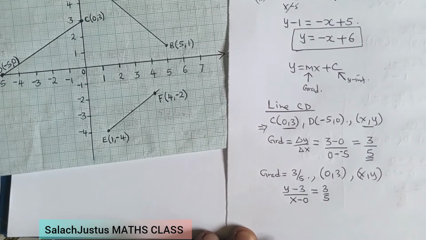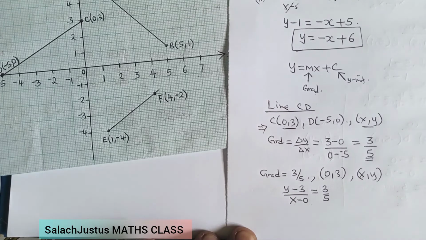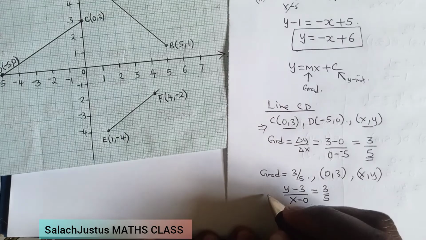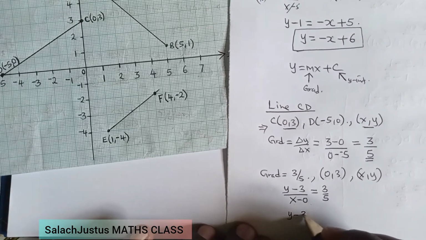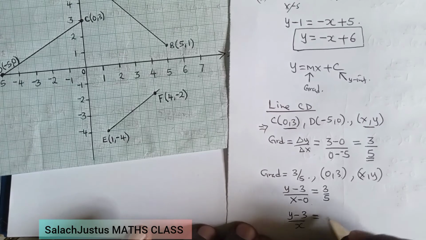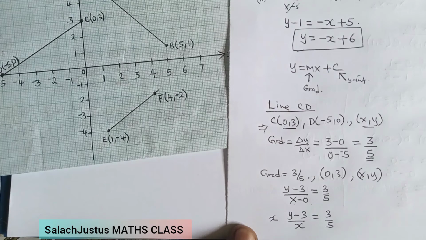Simplifying this, we can multiply by x both sides. Of course, x minus 0 still remains x. So multiply by x both sides to get rid of the denominator.